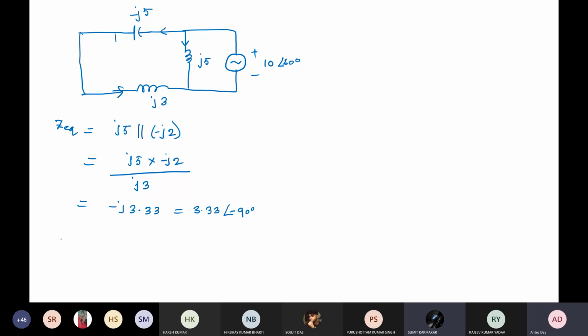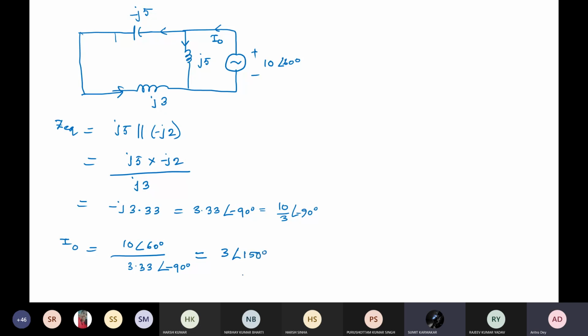So what is your I0? Here I0 is 10 angle 60 divided by 3.33 angle minus 90. So that's supposed to be, it is 10 by 3, so it will come out to be 3 only, na? This is how much? It is 10 by 3. So here also 10 by 3, so it will come as 3 angle 150.